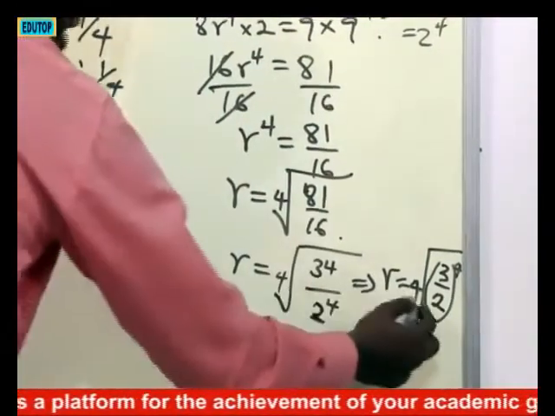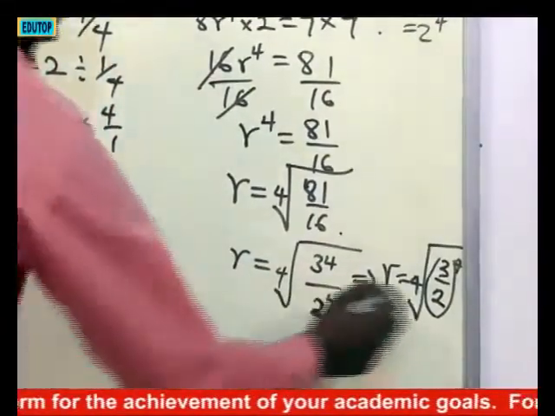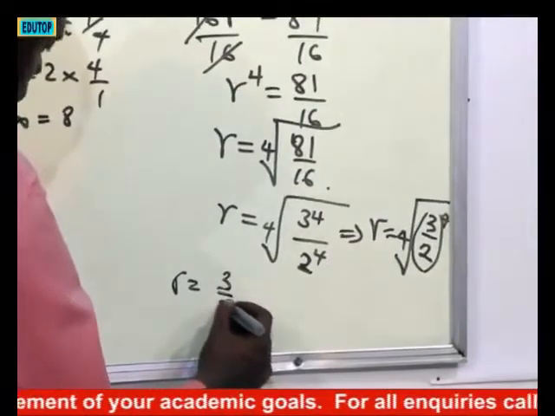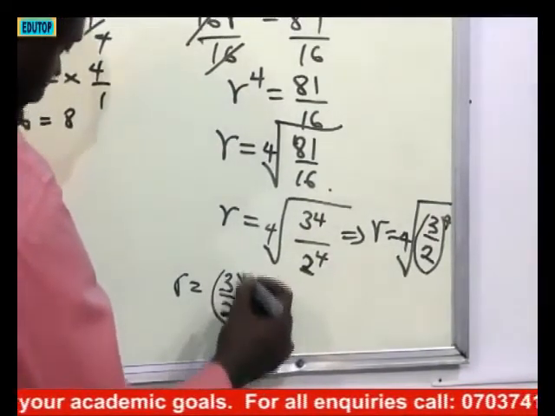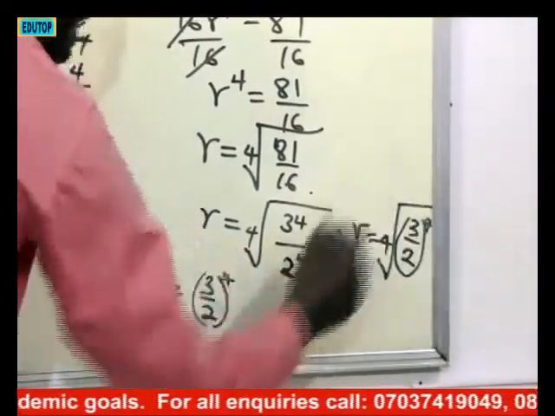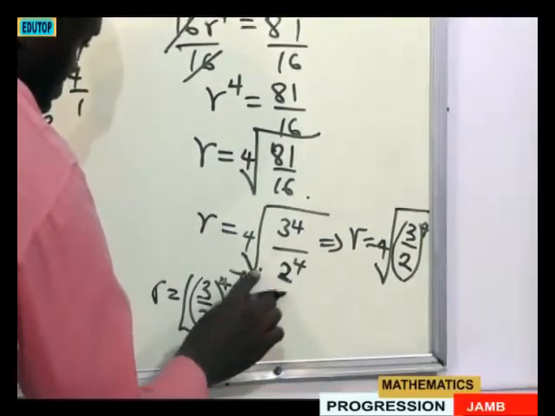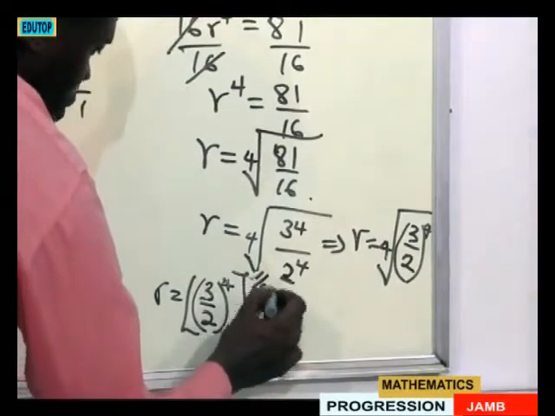So when you have the fourth root in this indices, what it means is I can write this as r equals 3 over 2, all affected by 4. Then this fourth root means 1 over 4. Take note of that.